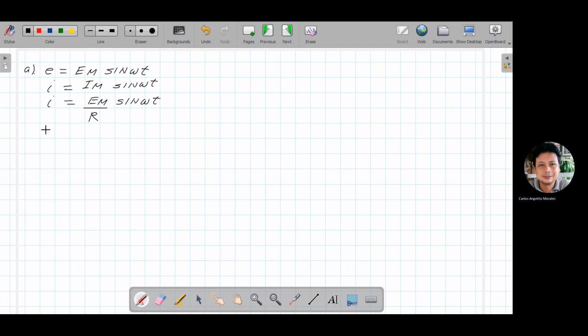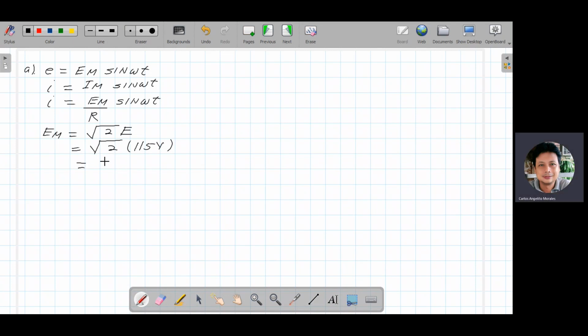So E maximum is equal to square root of 2 E. Square root of 2 multiplied by 115 volts, which is equal to 162.63456 volts.